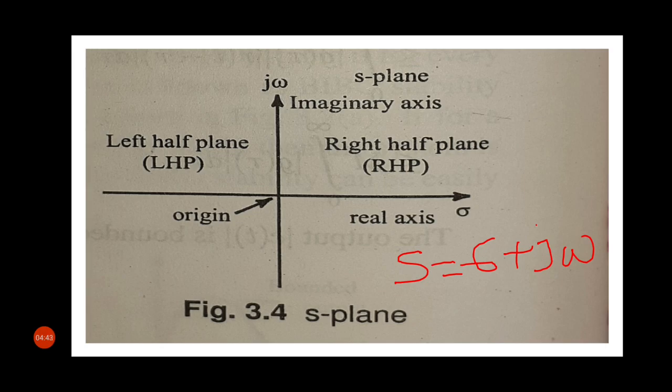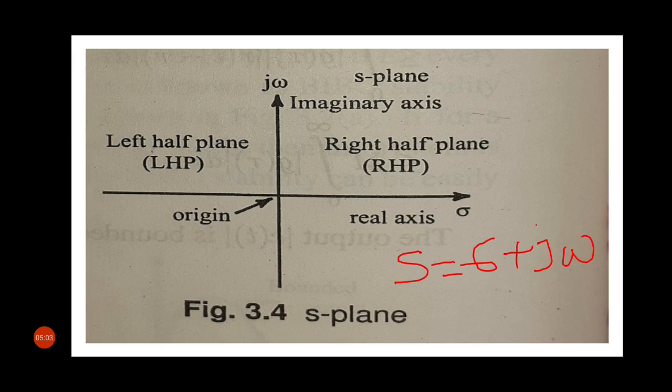The region to the right of the imaginary axis is known as the right half plane and the region to the left of the imaginary axis is known as the left half plane.